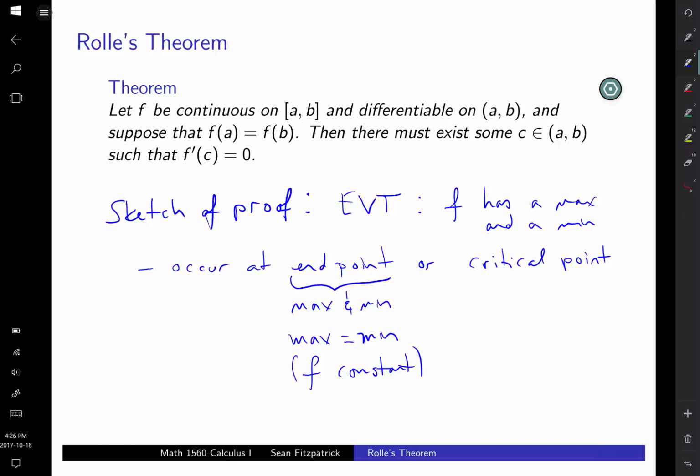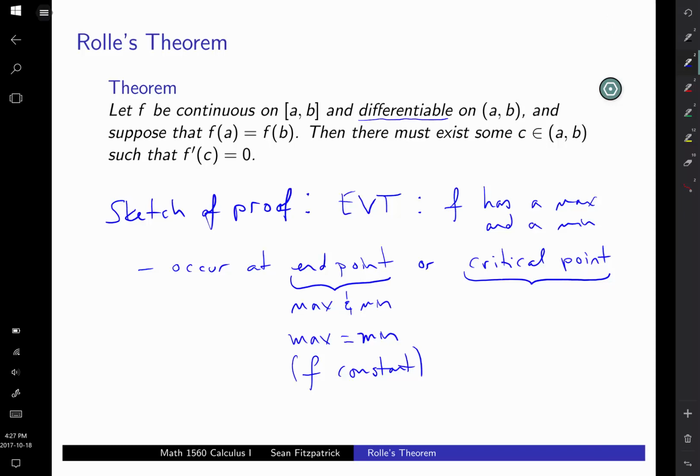Well, okay, so suppose that doesn't happen. Suppose that the max and min don't both occur at an endpoint. Well, then at least one of them has to occur at a critical point. And remember that we're requiring that f has to be differentiable. What are the two possible critical points? Either f prime is 0 or doesn't exist.